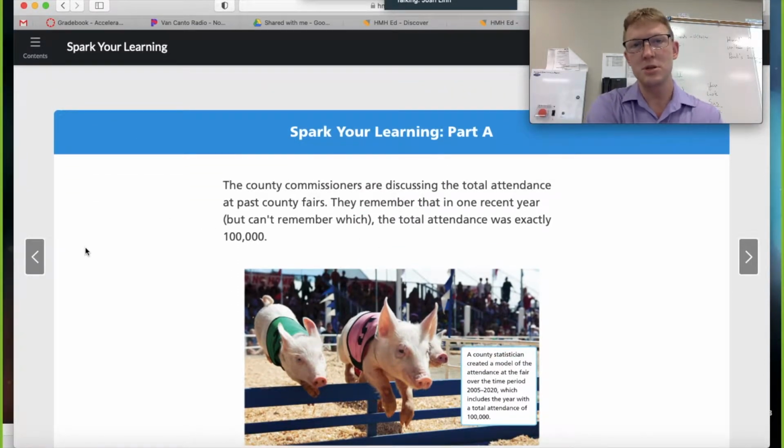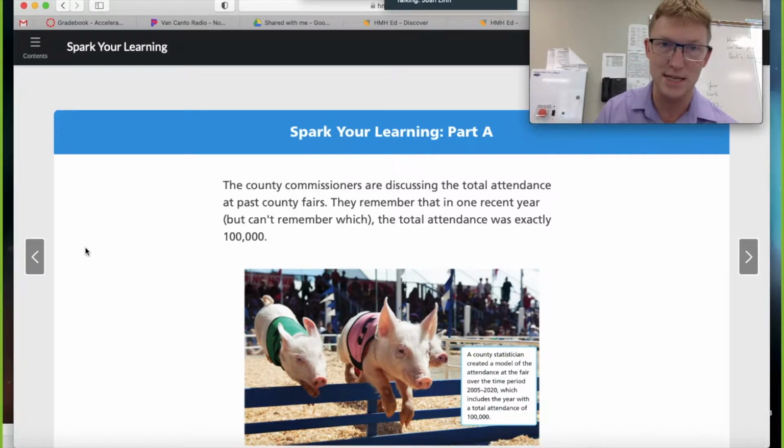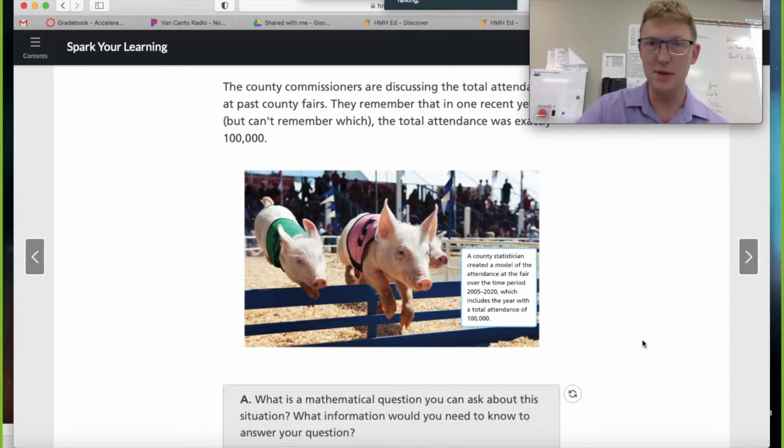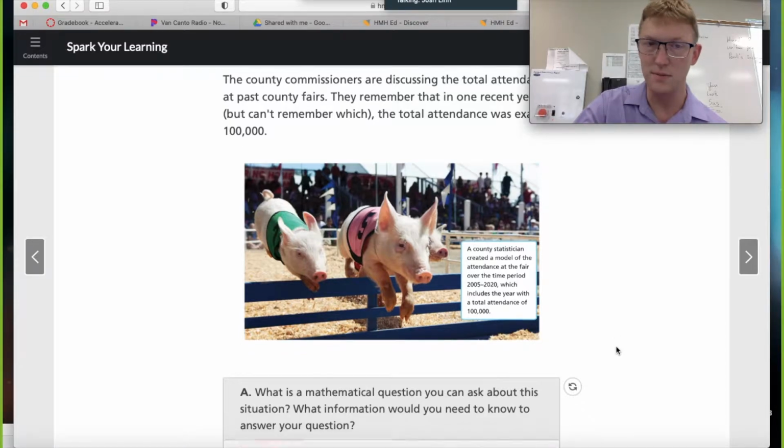The county commissioners are discussing the total attendance at past county fairs. They remember that in one recent year, but can't remember which, the total attendance was exactly 100,000. A county statistician created a model for the attendance of the fair over the time period 2005 to 2020, which includes the year of the total attendance of 100,000.